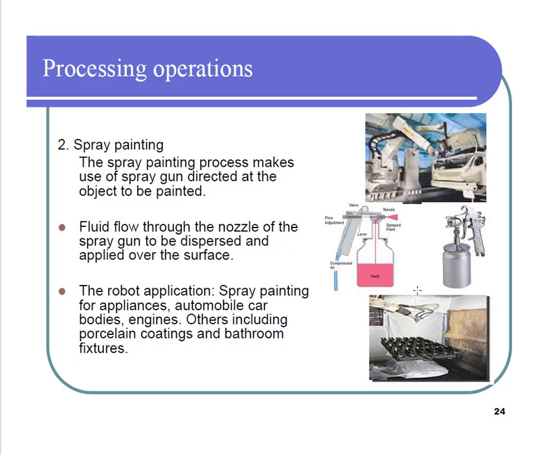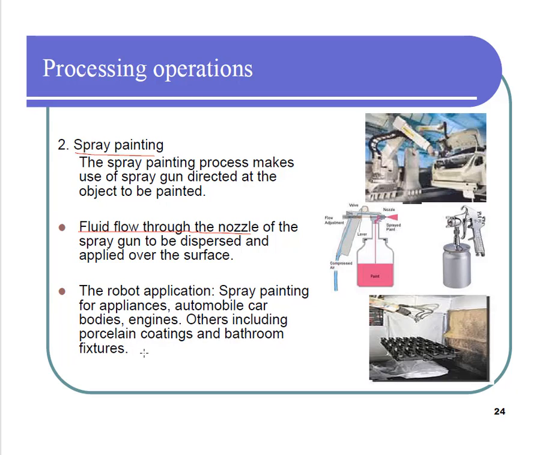The next one is spray painting, whereby the spray painting process makes use of a spray gun directed at the object to be painted. It uses a fluid flow through the nozzle of the spray gun to be dispersed and applied over the surface. The robot application is like spray painting for appliances, automobile car bodies, engines, and others including porcelain coatings and bathroom features, and so on.